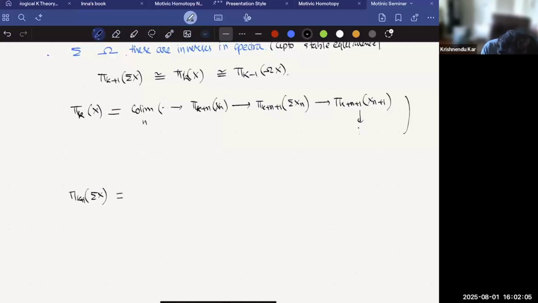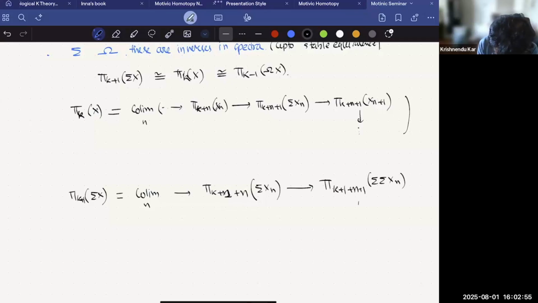The whole colimit over n of pi k plus 1 plus n of the suspension of xn, then pi k plus 1 plus n plus 1 of the suspension of xn, to pi k plus 1 plus n plus 1 of the suspension of xn plus 1, and so on and so forth.